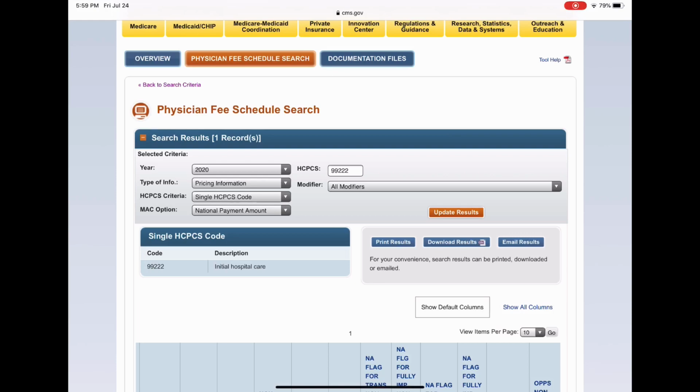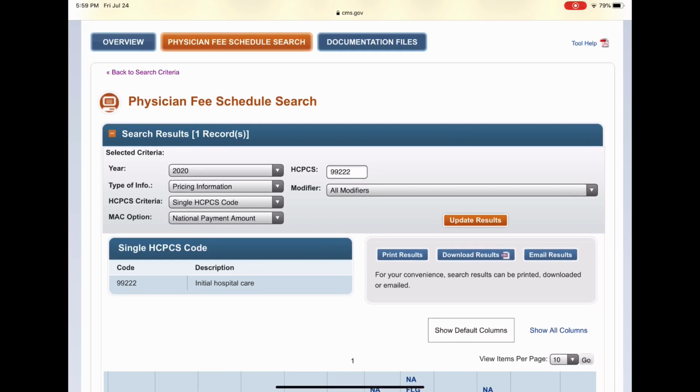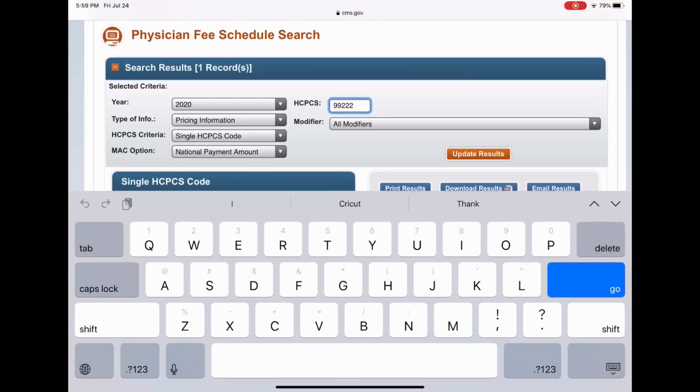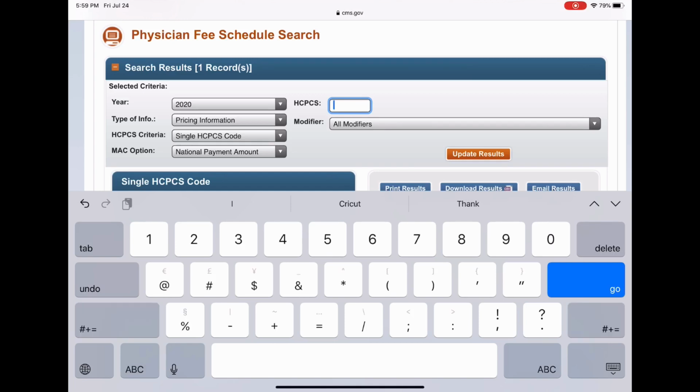So let's put in this. What I've done is I've gone out to the fee schedule, and I'm going to put the link to how to get to this below in the description. But what we're going to do is we're going to just put in our CPT codes. So say you saw a high level medical decision making patient and admitted them, and you did a great H&P, you did everything, but you didn't get that family history.